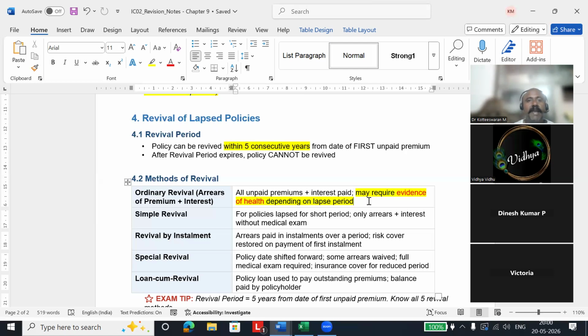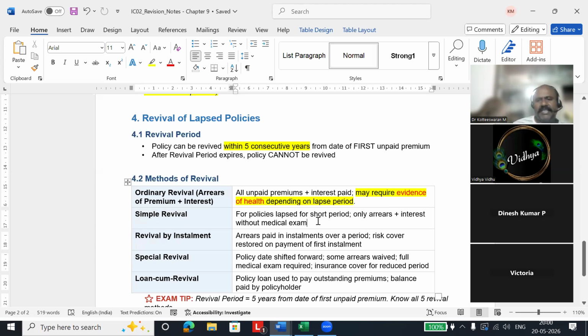So they want to make benefit out of insurance just by reviving the policy. So to make sure that those adverse selections are not happening, the insurance company will check your medical records before you are reviving the policy. So that is called ordinary revival. Simple revival means no doubts by the insurance company.